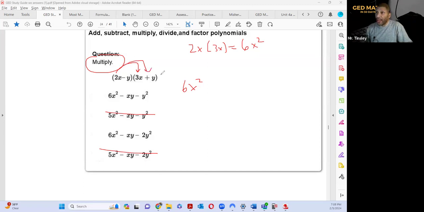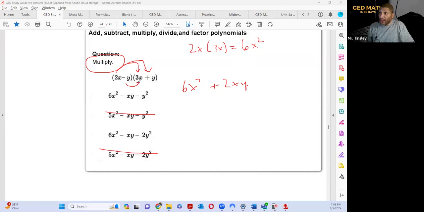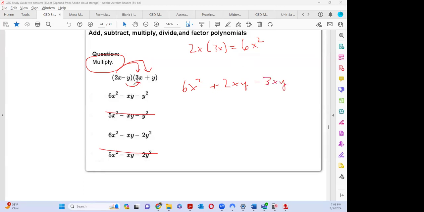2x times y is 2xy. Remember, alphabetical order. Minus y times 3x is minus 3xy. They put this minus y first because they want you to put minus 3yx so you don't know to combine those two terms.